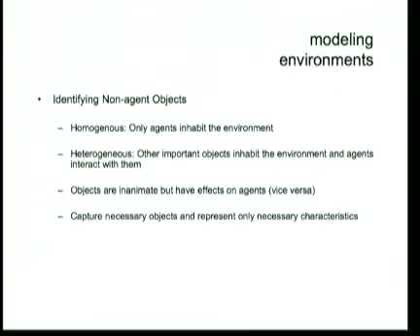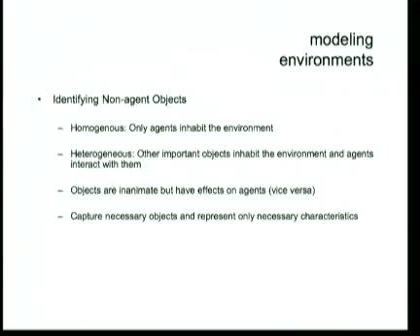In heterogeneous environments, there are other important objects that inhabit the environment, and you have to discuss the interactions of agents with those objects. Objects may be inanimate, but they may have effects on the state of agents and vice versa.